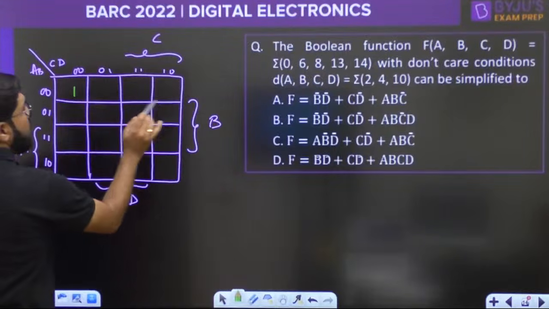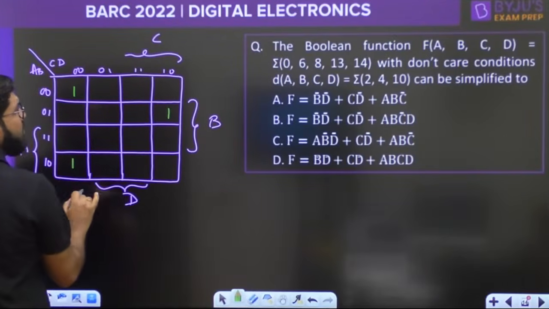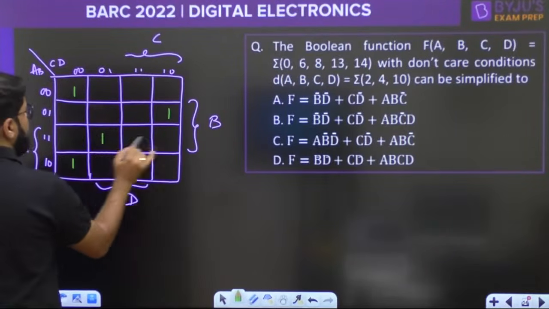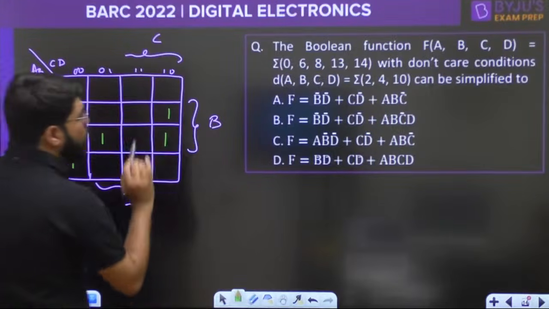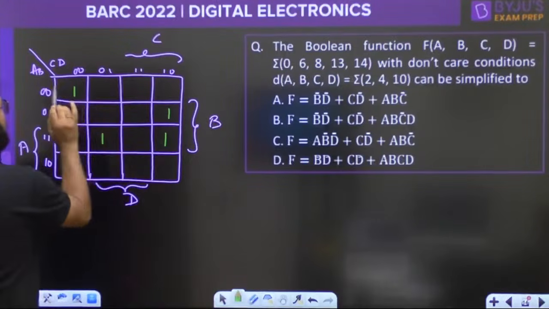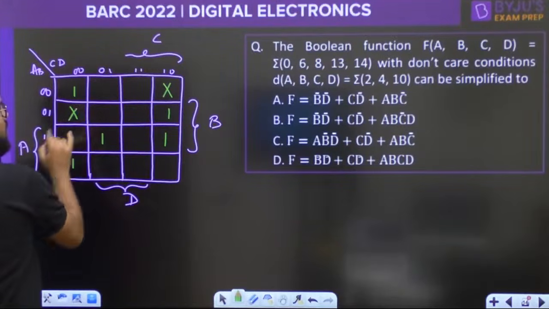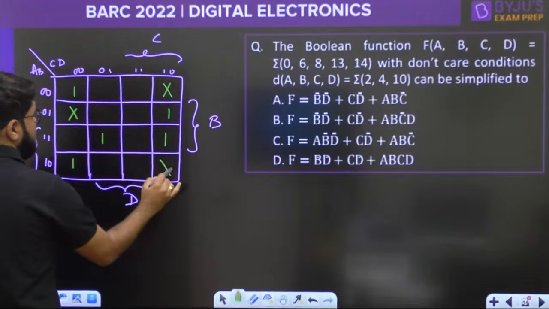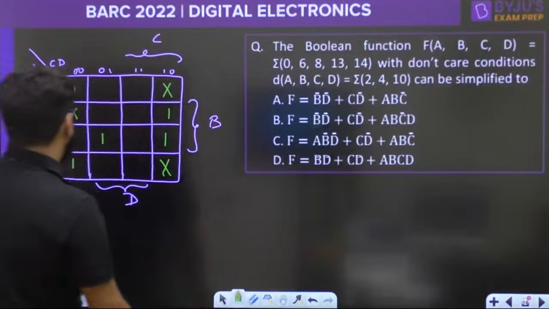You have 0, then you have 4, 5, 6, then you have 8, 13, 14. Then there are 3 don't care conditions also, that is 2, and then 4, 8, 9, this is the 10.